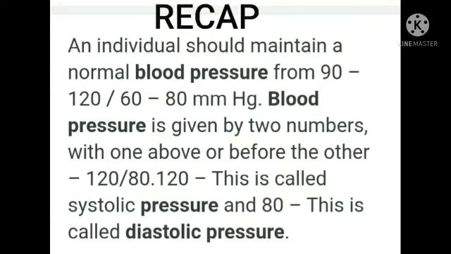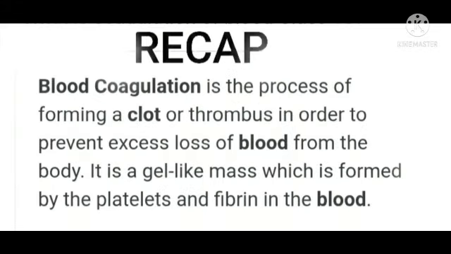Here 120 is called systolic pressure, and 80 is called diastolic pressure. Next, blood coagulation is a process of forming a clot or thrombus in order to prevent excess loss of blood from the body. It is a gel-like mass which is formed by the platelets and fibrin in the blood.